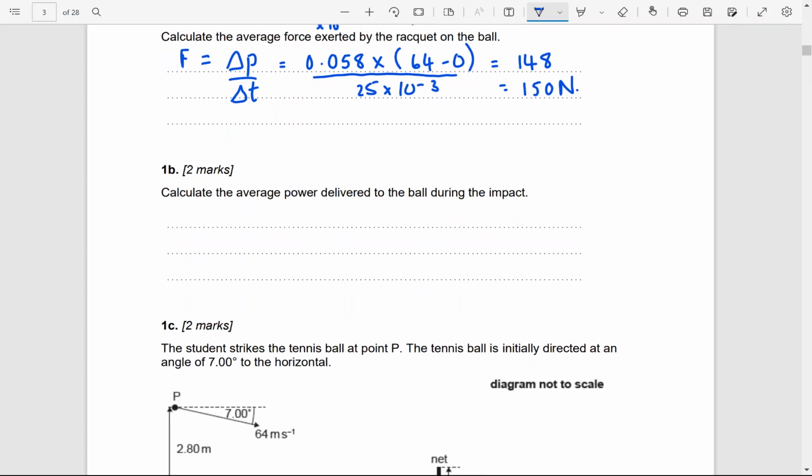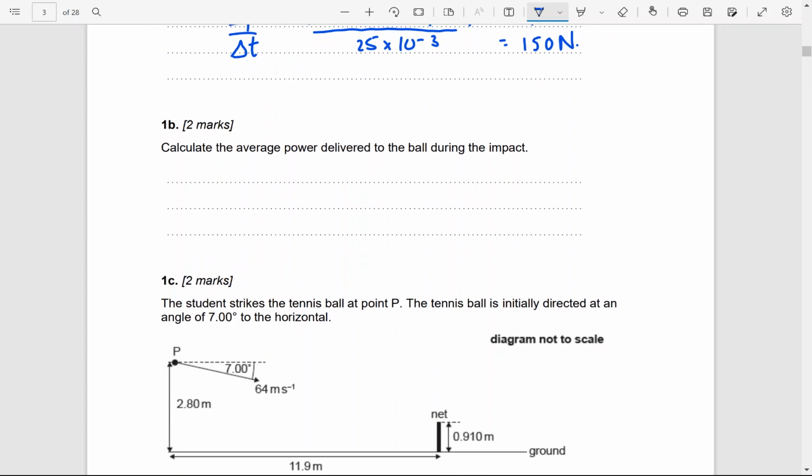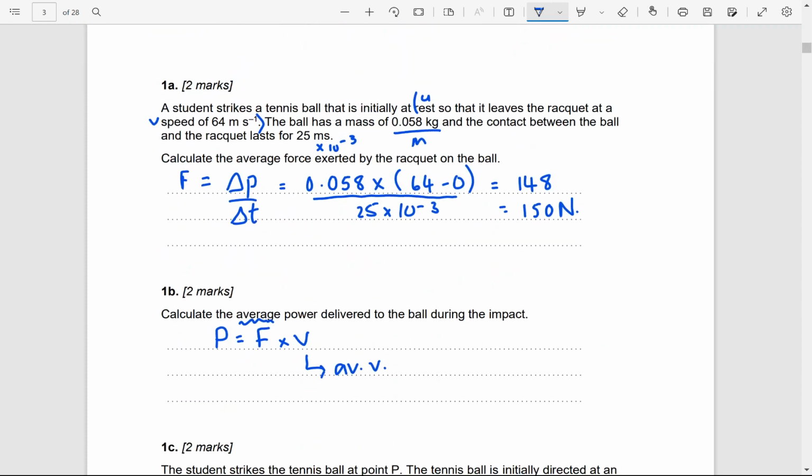Calculate the average power delivered to the ball. The issue that some people were having with this one is they didn't notice that it's average power. So where power is FV, what that actually means is the average V. So if your V is a constant value, then you just plug that number in.